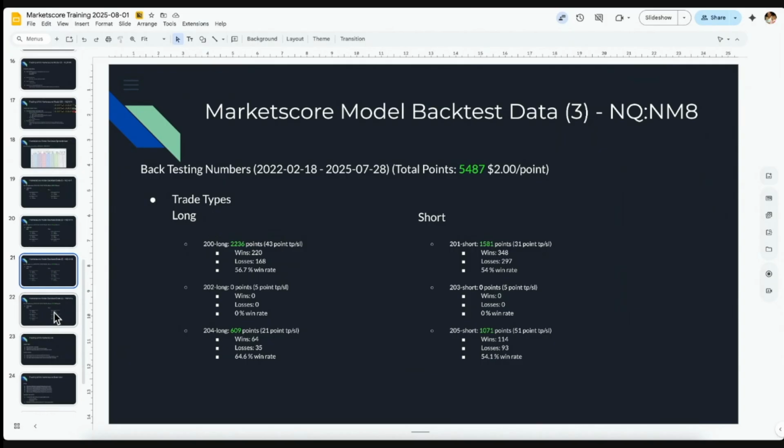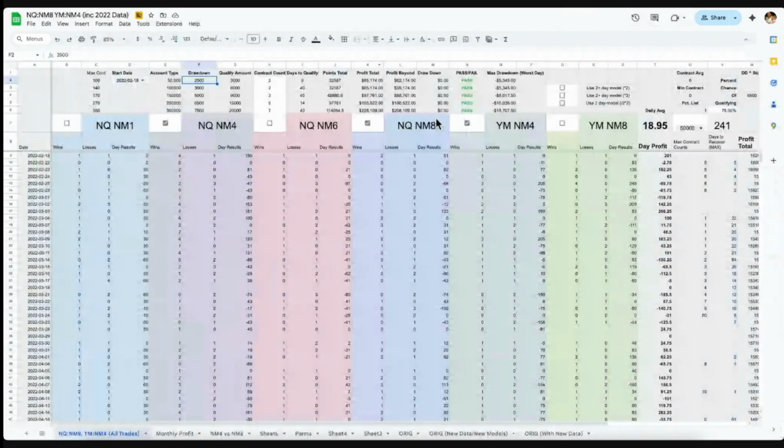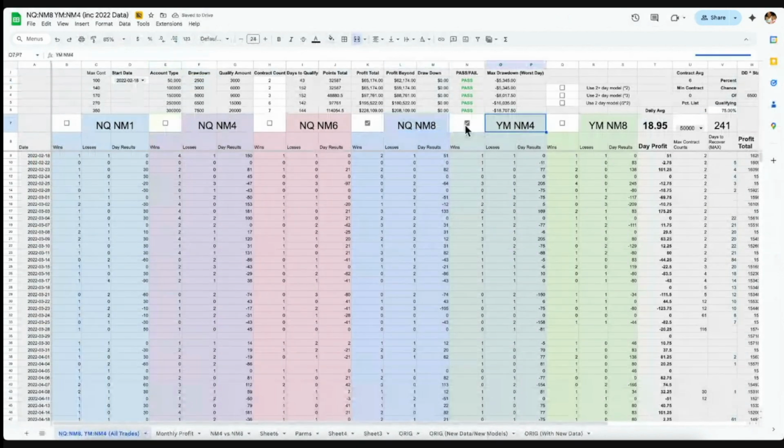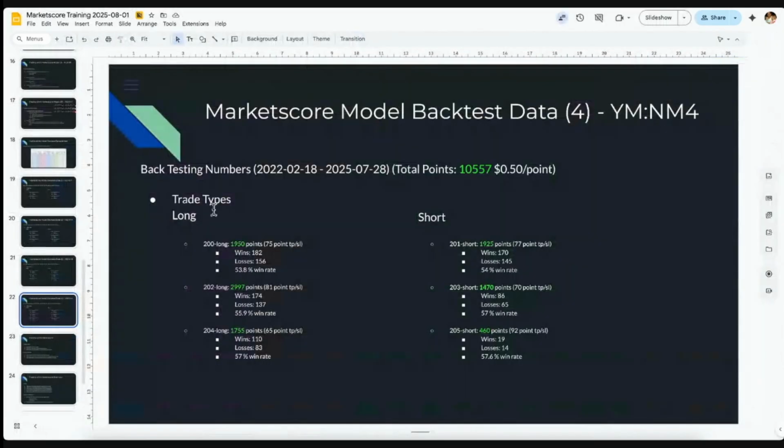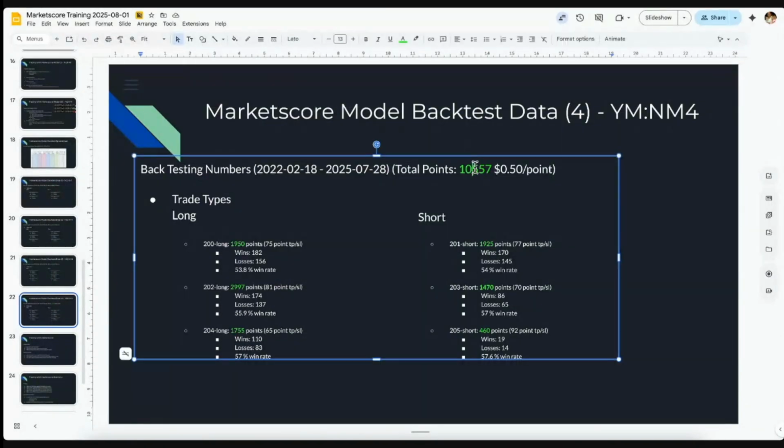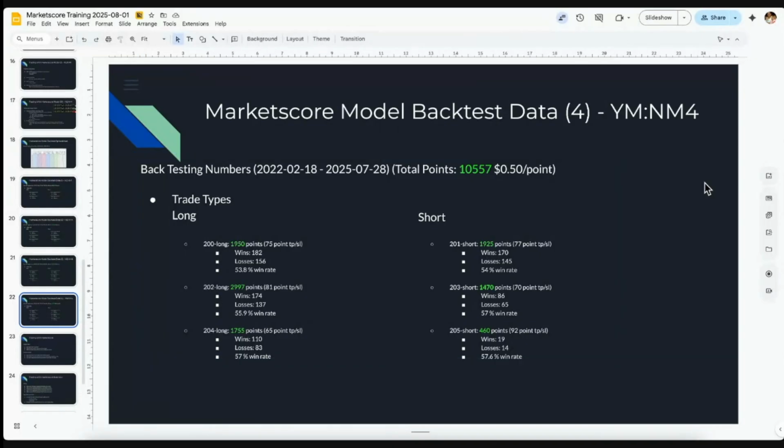And then this is the YM NM4. These are the models that I trade, which are the YM NM8, NQ NM8 and the YM NM4. Those are the best to trade with. This one does not have any issue with all of the different trades, and it trades all of them. It gives a total of 10,557 points.